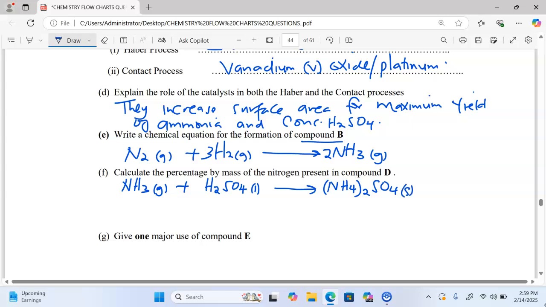This can be a solid or in aqueous form because all ammonium salts are soluble. So we can balance the equation by writing 2 behind ammonia.